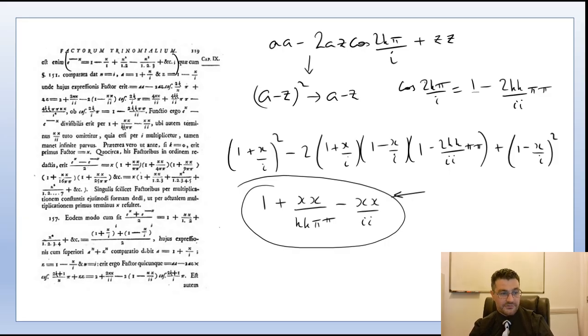But if we've got an infinite number of factors of this form, when we expand out, what are we going to see? We're going to see from each factor a contribution of minus xx over II. But how many of those terms are we going to see? I over 2. So we're going to get I over 2 times xx over II, which of course is just equal to xx over 2I.